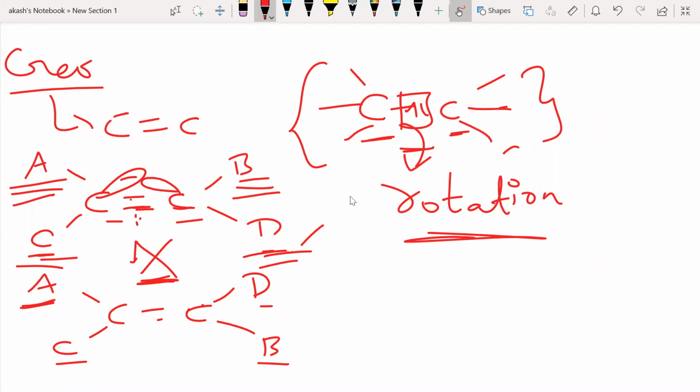Here in a double bond, the orientations differ because I am doing it on paper. In a single bond, you will have different orientations between this carbon and this carbon because of the bond rotation itself. Now this is not called geometrical isomerism, it's called conformational isomerism, which we'll see in a little while after we finish geometrical isomerism.